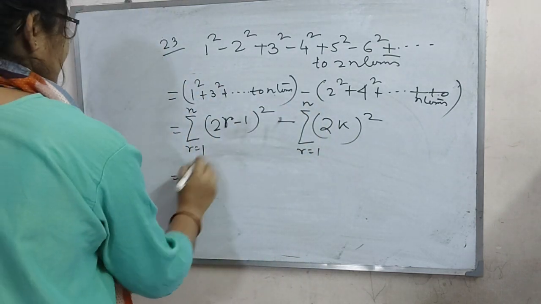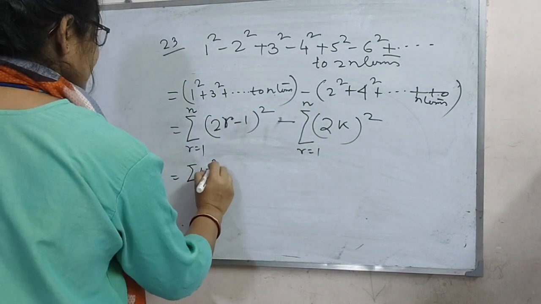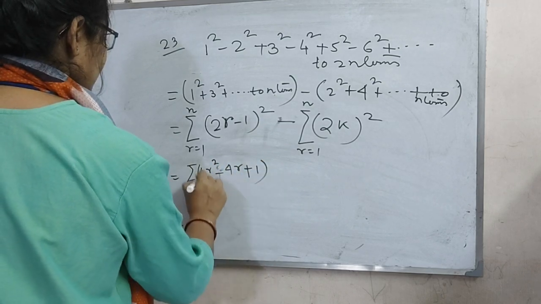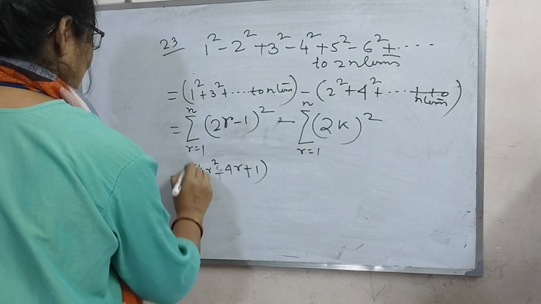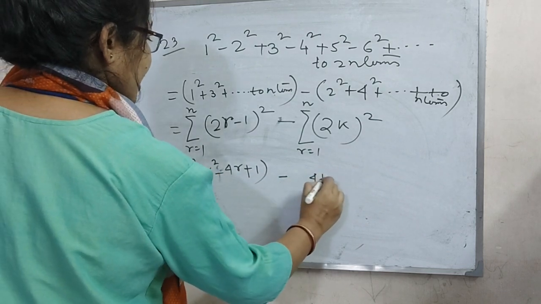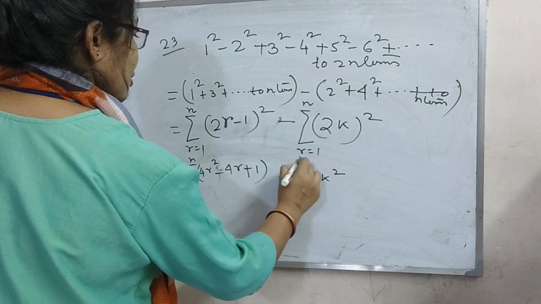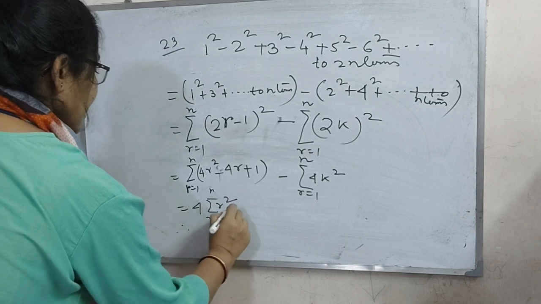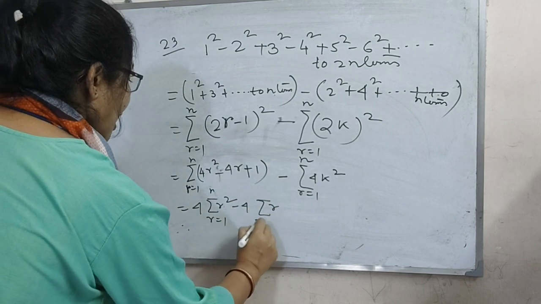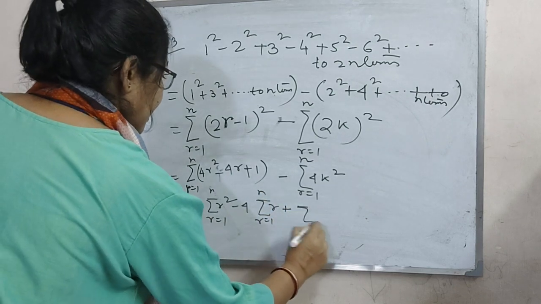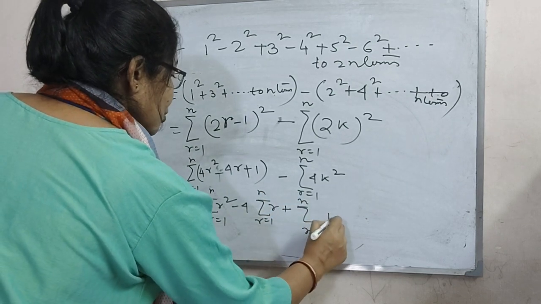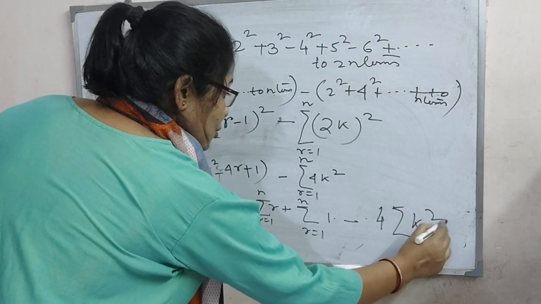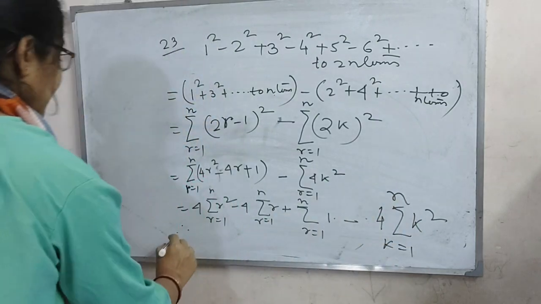If I expand, 4r square minus 4r plus 1, r equal to 1 to n, minus 4k square, k equal to 1 to n. This equals 4 summation r square, r equal to 1 to n, minus 4 summation of r, r equal to 1 to n, plus summation r equal to 1 to n of 1, minus 4 summation k square, k equal to 1 to n.